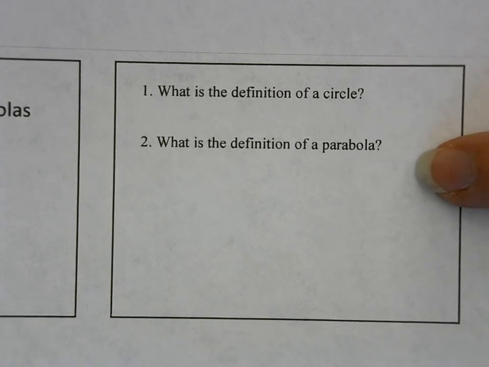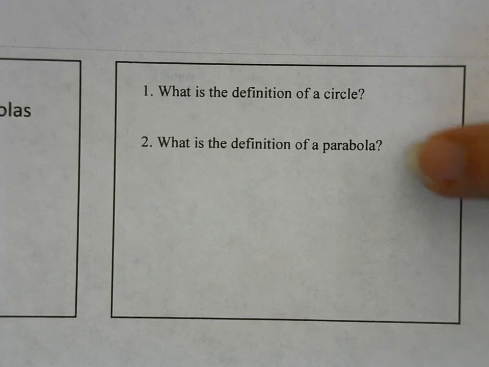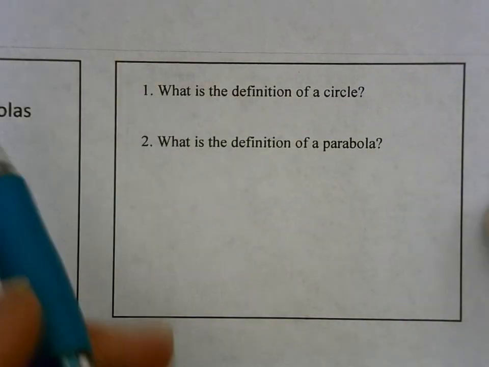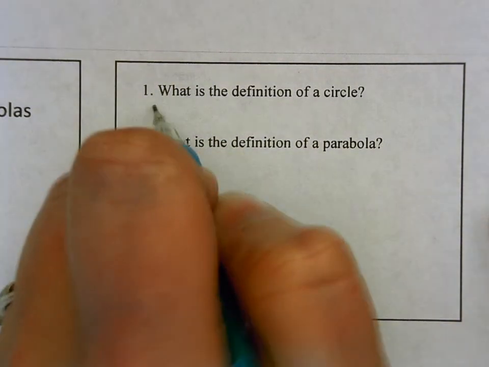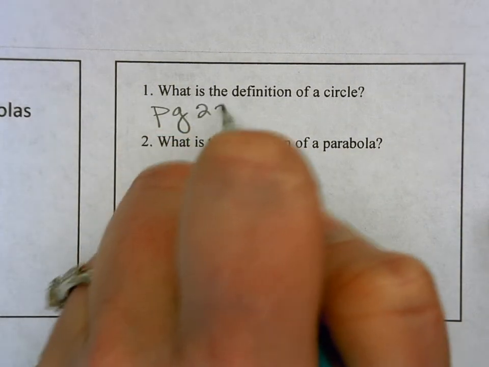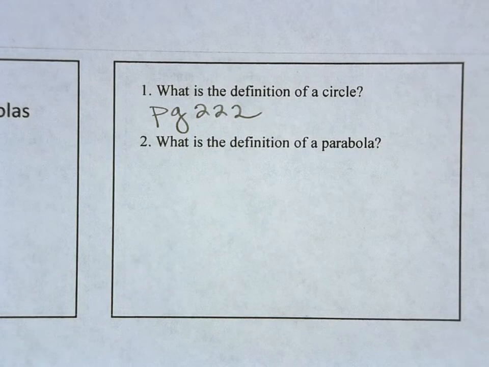The definition of a parabola is the set of all points equidistant from a line called our directrix and a point, our focus. If you want to see what these definitions are, they're on page 222 of our Pearson book.